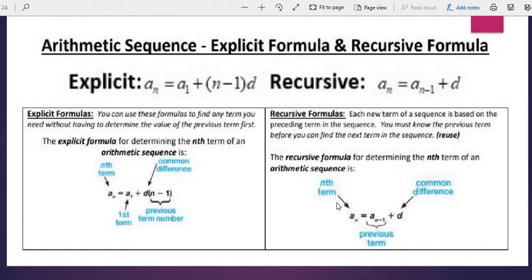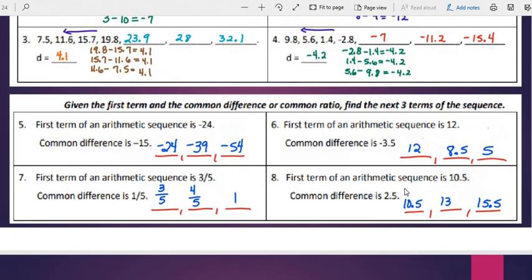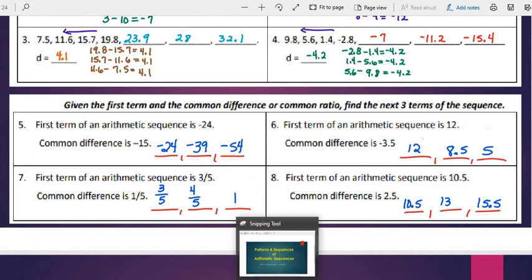So the a sub n means the nth term. This stands for any term. And then notice that this n minus 1 is down below here. It's a subscript. So a sub n minus 1. And then you're simply going to add the common difference to it. So when we were right here, we had the first term of 10.5.